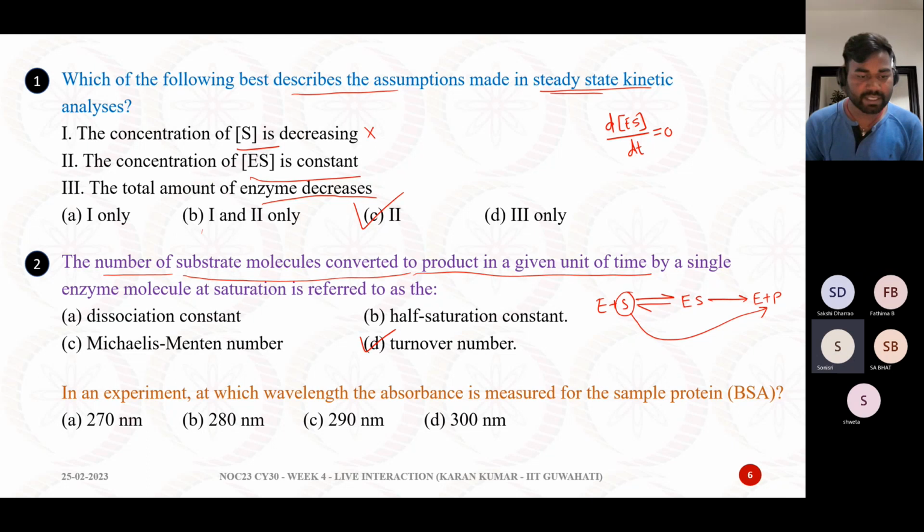Now the next question is, in an experiment, at which wavelength the absorbance is measured for the sample protein BSA? Can somebody tell me at which wavelength the sample protein will absorb UV light? Sir, 280 nanometers. 280 nanometers, very good. Why does a particular protein absorb light at 280 nanometer?